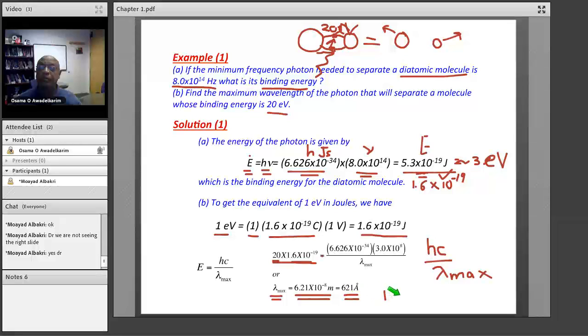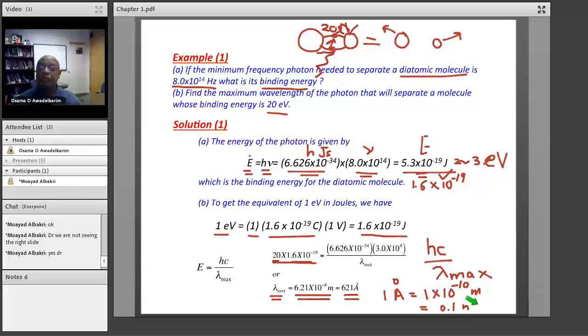Angstrom is a very small unit. 1 angstrom is 1 times 10 to minus 10 meters. So 10 angstrom actually equals 1 nanometer.